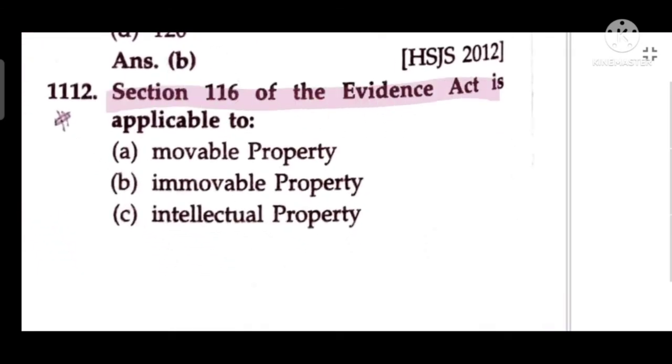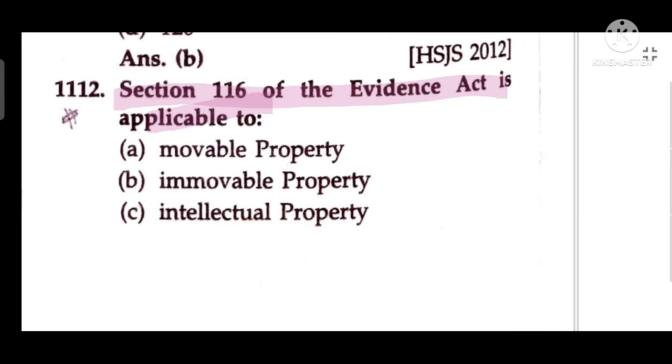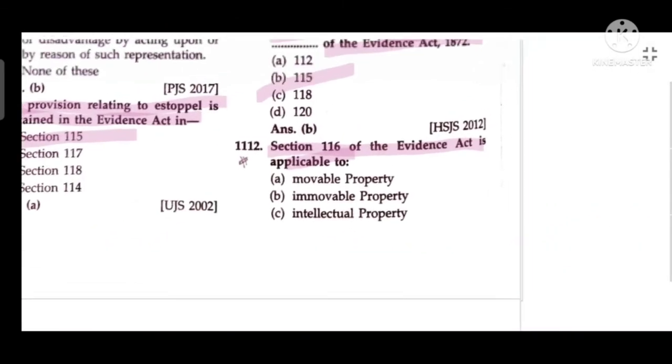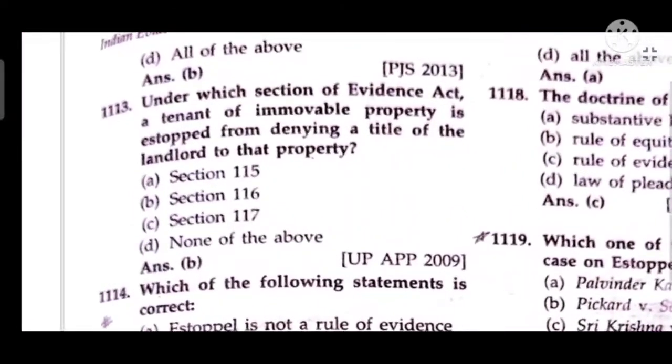Section 116 of the Indian Evidence Act is applicable to immovable property. Under which section of the Evidence Act is a tenant of immovable property estopped from denying the title of the landlord to that property?